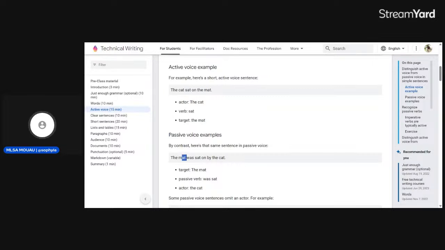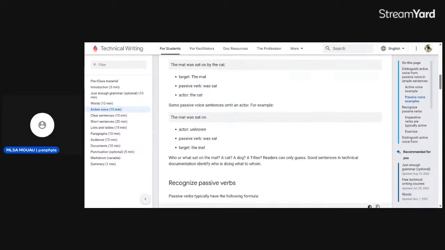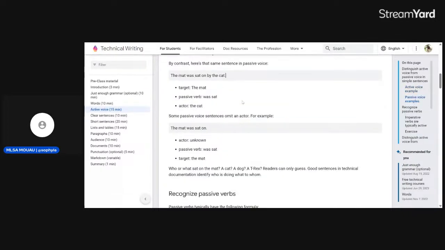So the target, the verb, and the actor. I don't know if that was helpful to you. That's the example. Another passive sentence would be the mat was sat on. What this did was identify the target and the verb, but there was no actor.